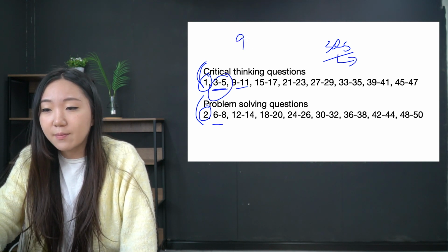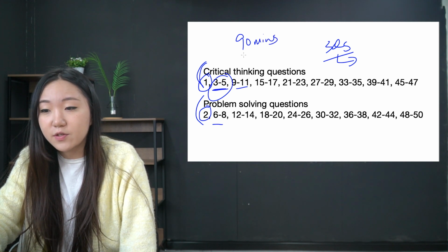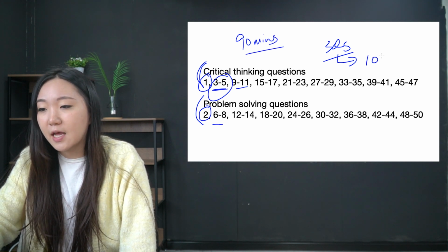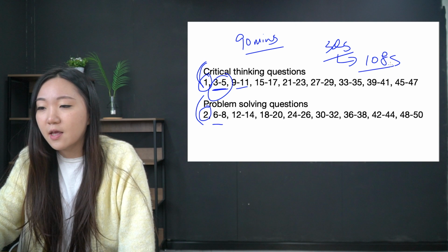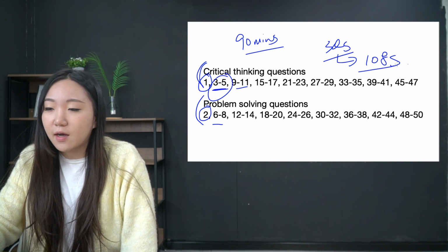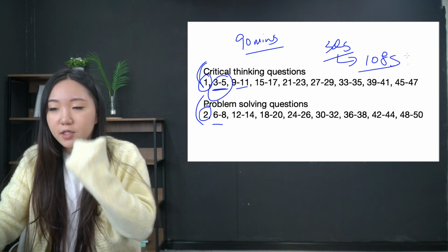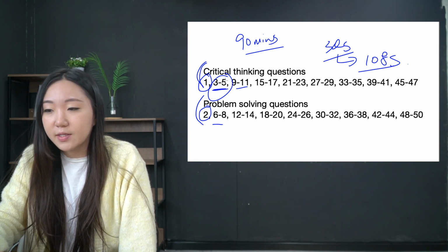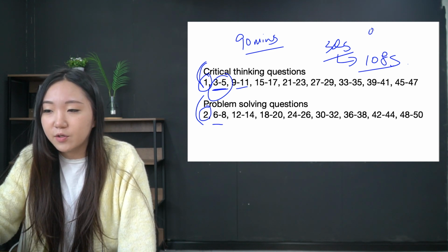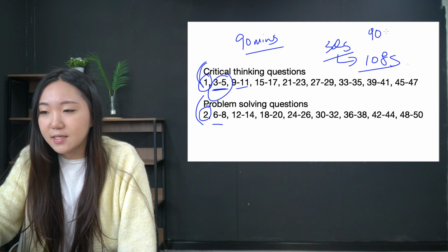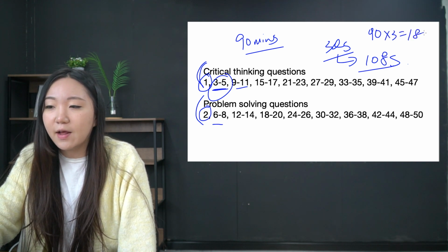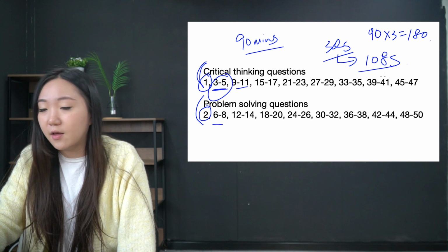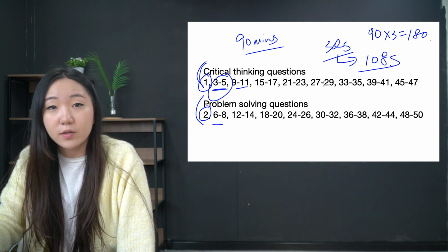Obviously, the whole exam is 90 minutes, which gives you about 108-ish seconds per question. I think the critical thinking questions shouldn't be taking you quite as long. So for the set of 3 critical thinking, maybe allocate 90 seconds times 3, and then say, okay, after exactly 3 minutes, I will be moving on.